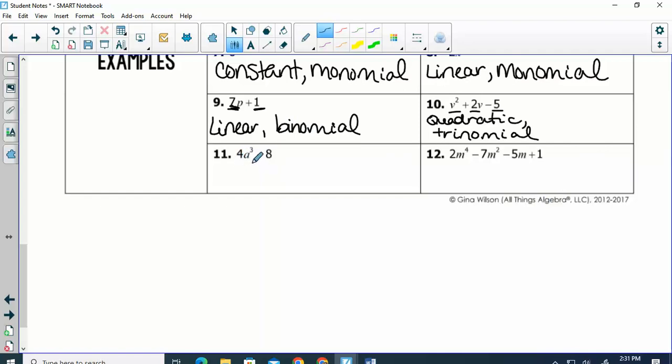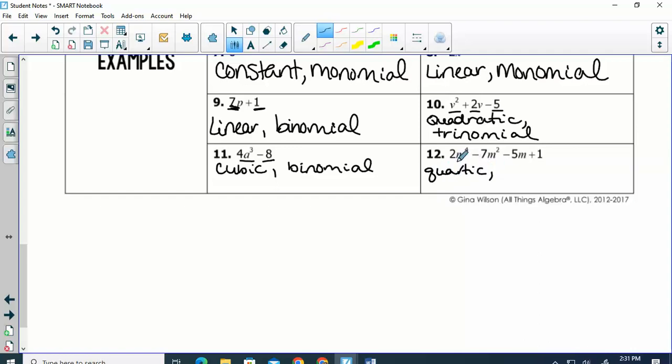One, what's my highest power? 3. So 3 is a cubic. How many terms? 2. So it is a binomial. Last one. What is our highest exponent? 4, which means it is a quartic.